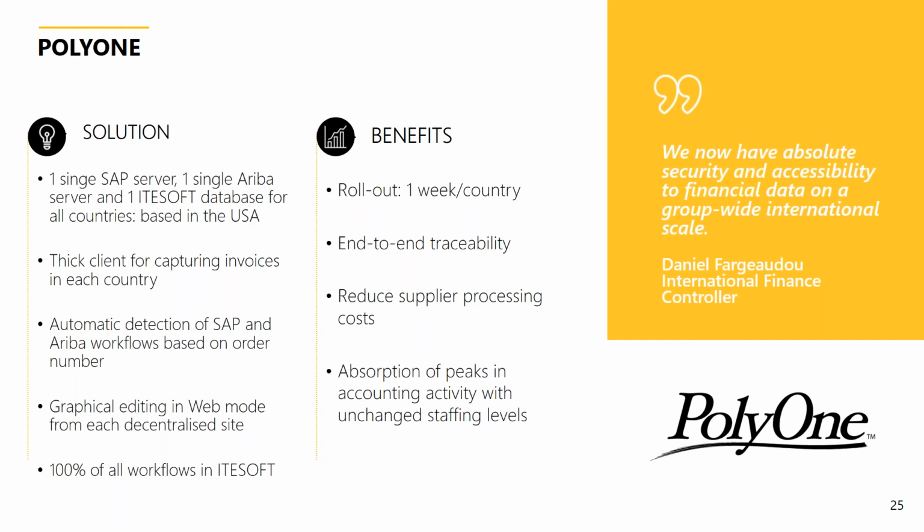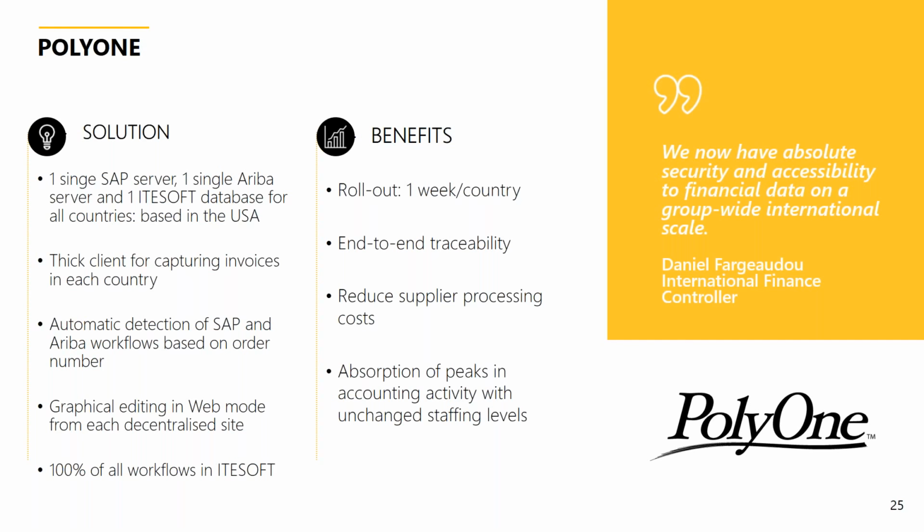And they have a thick client for scanning paper invoices in each of their country operations, which gets scanned straight into the central system and is then processed in the US. On that basis, we're able to pull out which SAP entity they are talking about, to match the invoice to the Ariba system and pull out the order information.